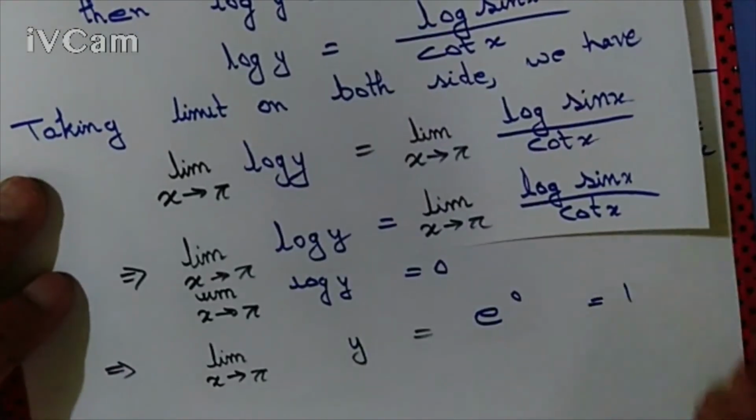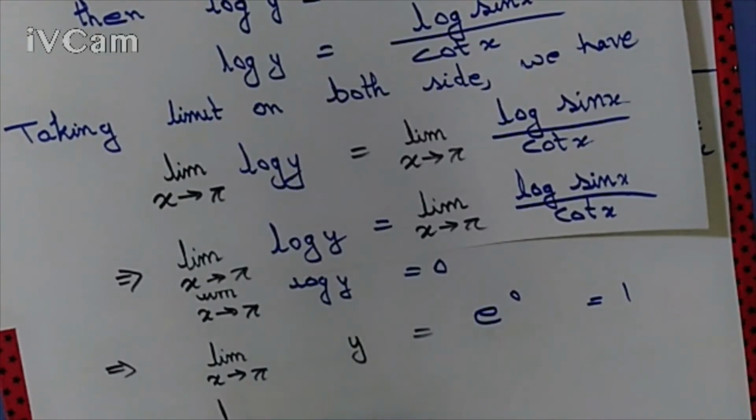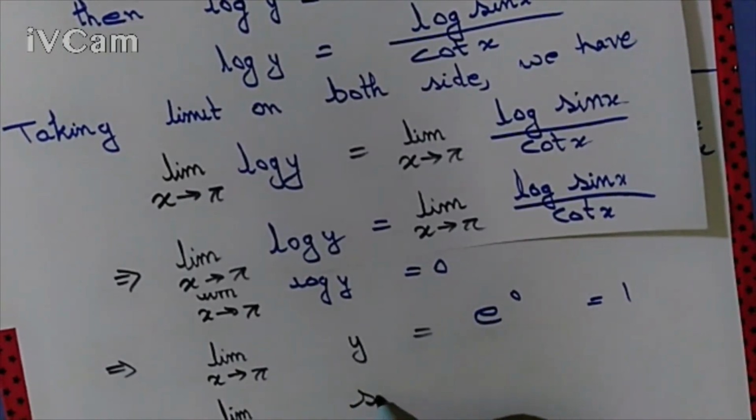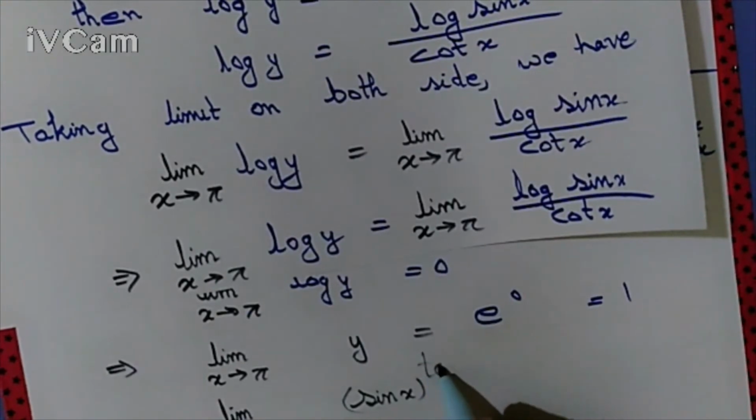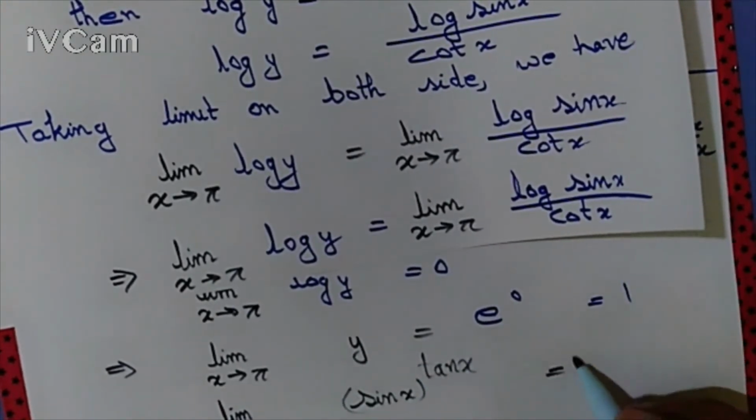Y was sine x to the power 10x. So limit x tends to pi, your y was sine x to the power 10x, and that is equal to 1.